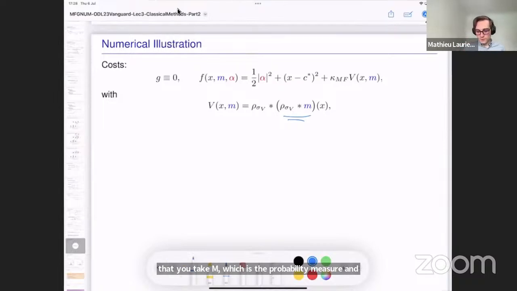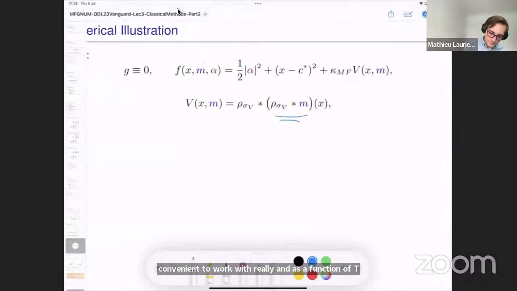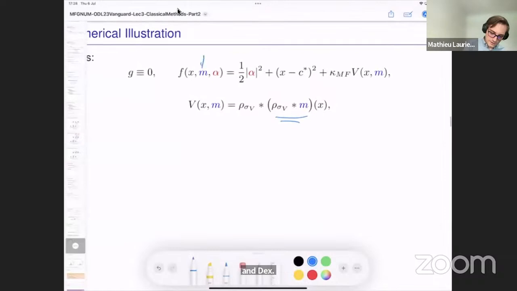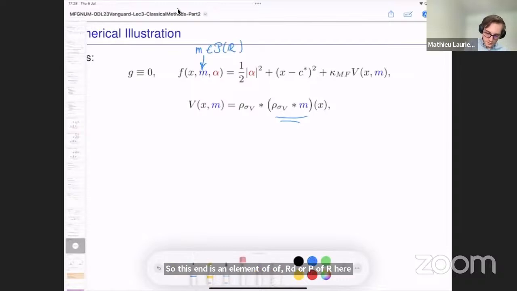If I want to compute this convolution, I really need to have m defined everywhere. That's why it's convenient to work with m as a function of t and x as an input to F. Let me stress that to avoid the confusion I had at the beginning. This m is an element of P(R^d), or P(R) here, because we're going to be in dimension 1.